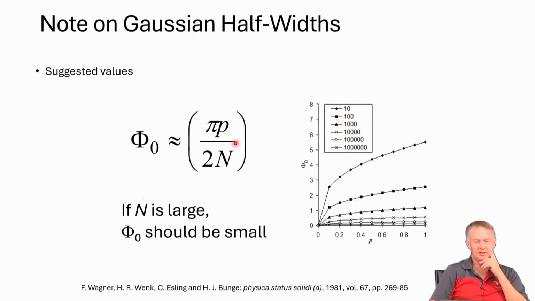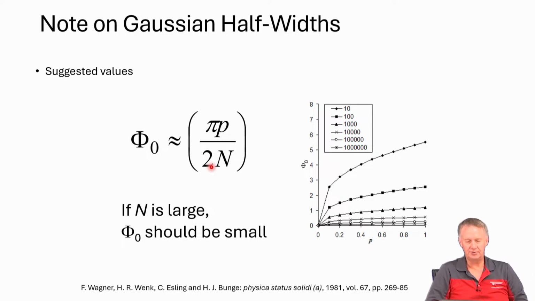All right, so Gaussian half widths again. If n is really big, so that's the number of grains we're looking at, if we can do really big grains, then this half width usually we want to be small. This P is a measure of texture strength, and it goes from 0 to 1, from being really strong to really weak. So 1 is the weak part.